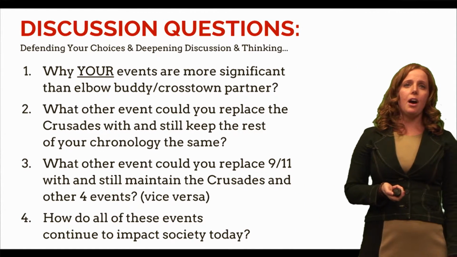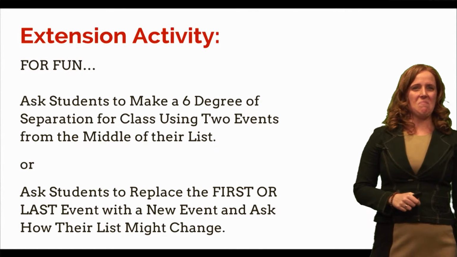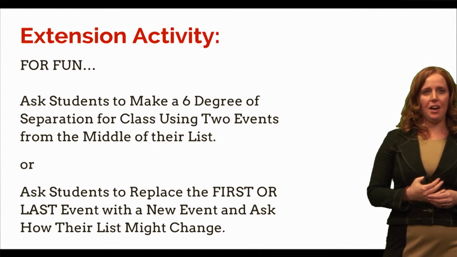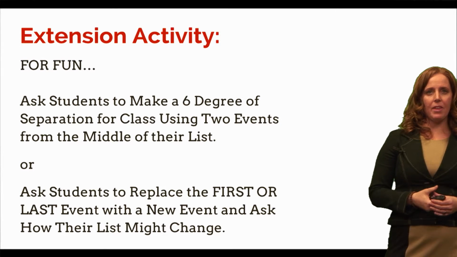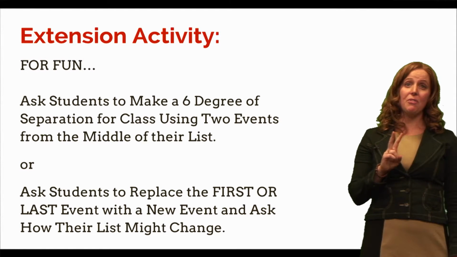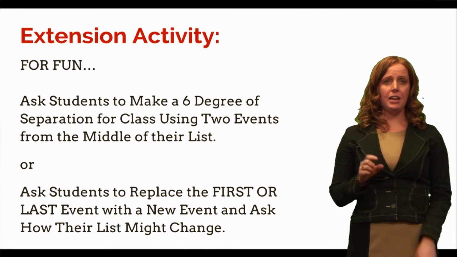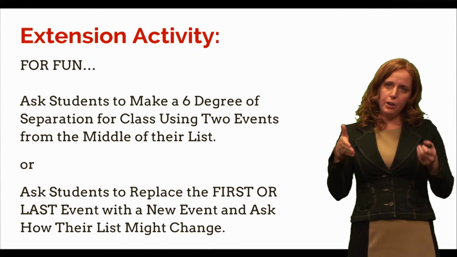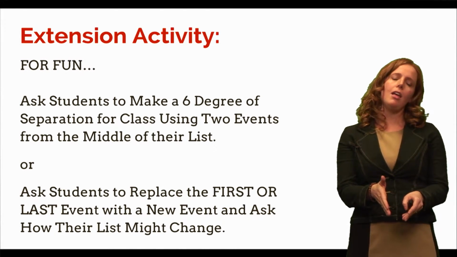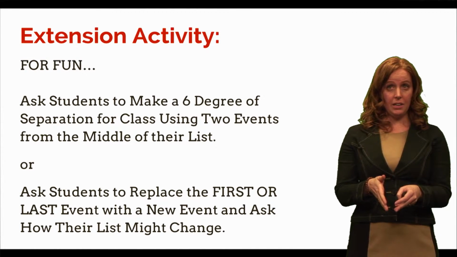Now, you can also extend it and really challenge the students and say, okay, I want you to take 2 of the events from the very middle of your timeline, and I want you to create a new 6 degrees of separation where you're really having them hone in and narrow their focus to a particular time period.